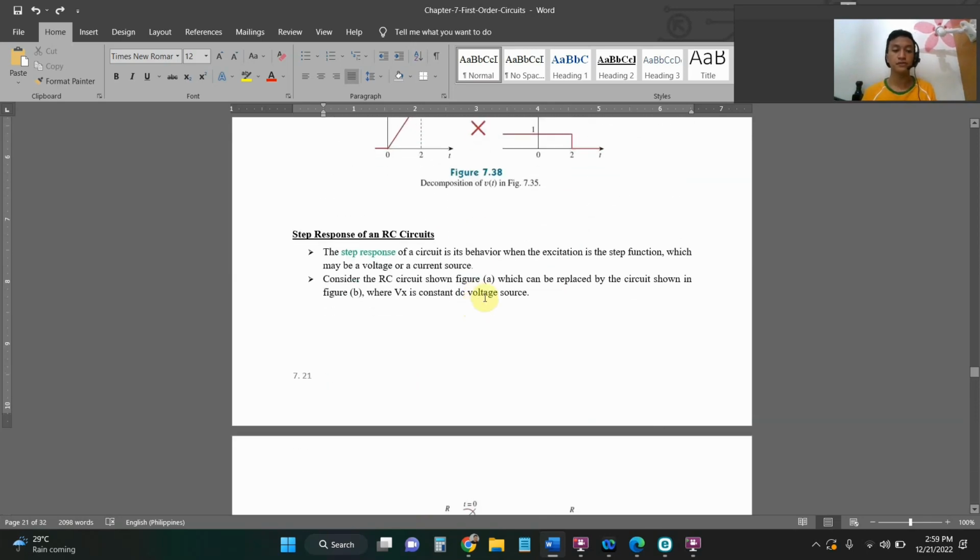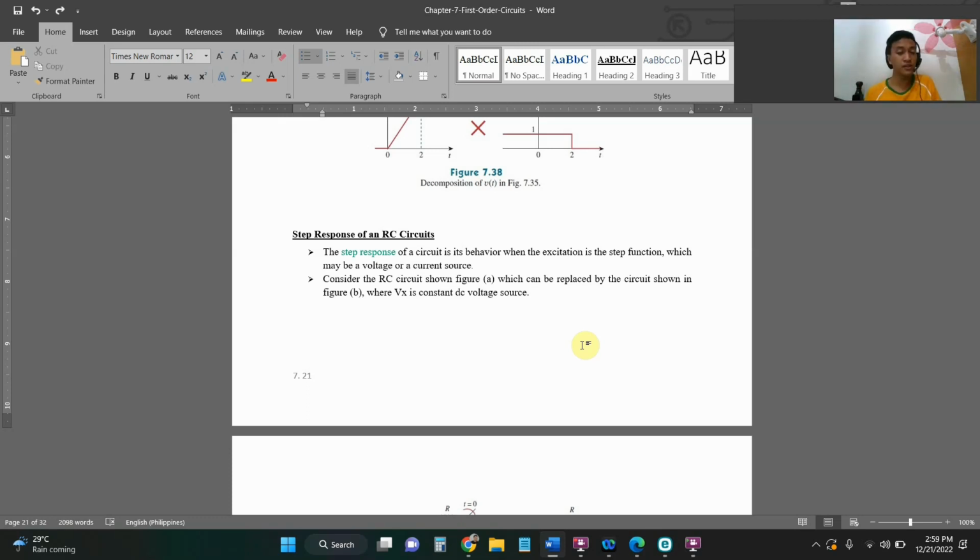Another topic: we are now on the step response of RC circuits. The step response of a circuit is its behavior when the excitation is the step function, which may be a voltage or a current source.